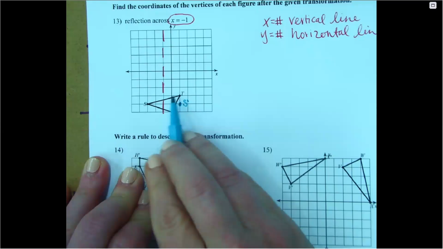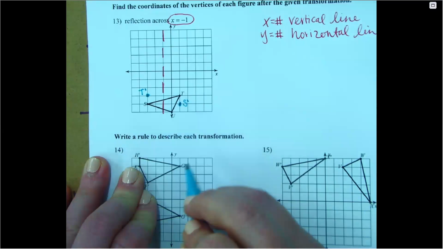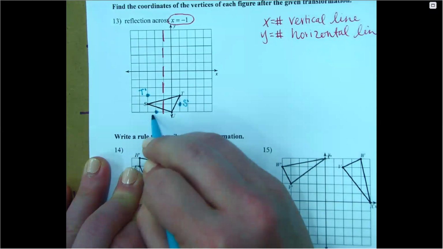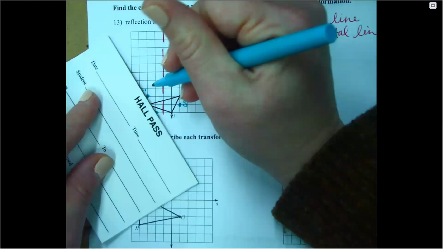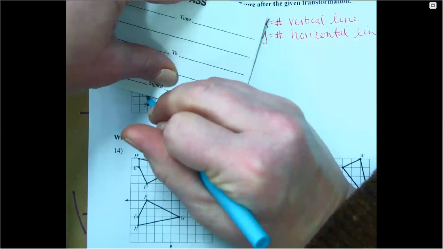U is 1 unit to the right, so it's going to be 1 unit to the left. And connect your dots. Everybody gets weirded out that it's flopped on top of itself, but that's just how this one works. That's the reflection.